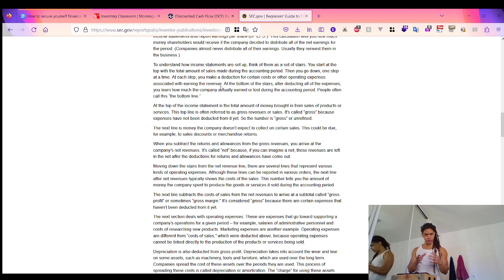It also shows you the EPS, earnings per share, which is a calculation of how much money shareholders would earn if the company distributed all of its earnings in a period of time. Companies almost never do that. In fact, they reinvest in the business.